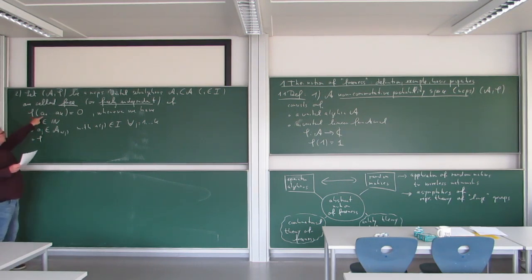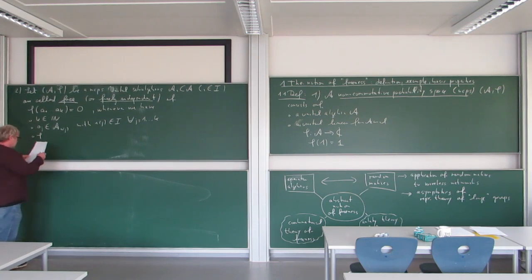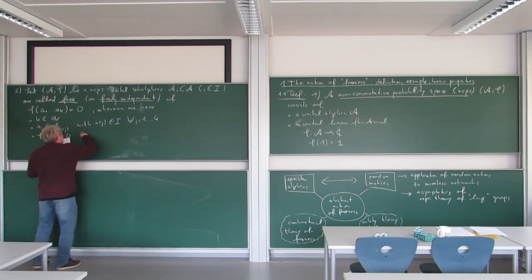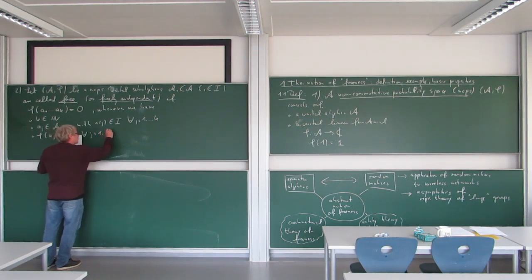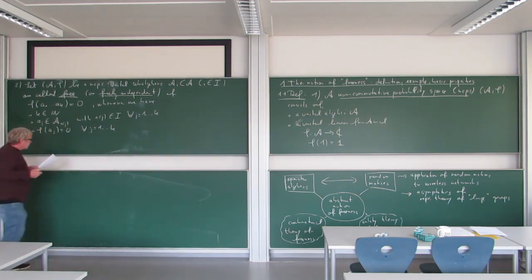Namely, I want that each of those terms is centered, so it satisfies phi of a_j equal to 0 for all j's, and then furthermore I want an alternating product in my algebra, which means neighbors here are coming from different subalgebras.